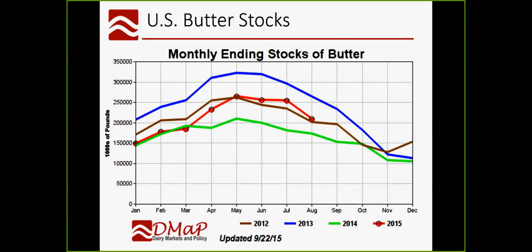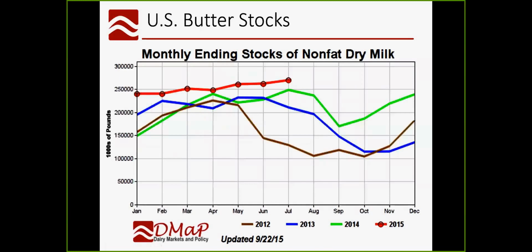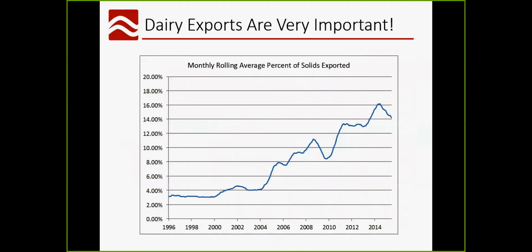And so we haven't built the butter stocks nearly as much, although, traditionally, this is still a pretty healthy amount of butter stocks. It's not low or anything. 2014 was a low number. And non-fat dry milk, we've got plenty of it. Normally, we would export a lot more of that, but we're borderline competitive on the powders.